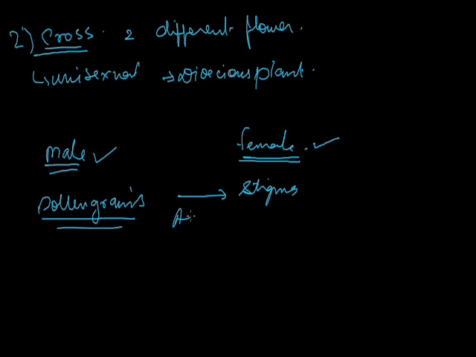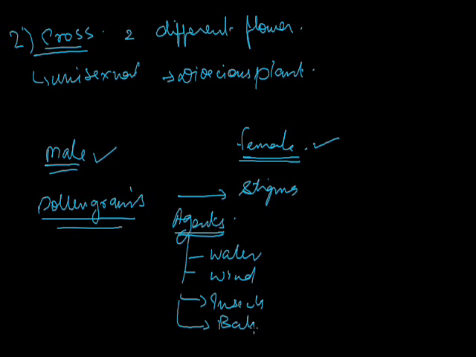They need some agents, which carry these pollen grains from this flower to this flower. The agents are of different types: water, wind, insects, bats. These agents usually take the pollen grains along with them, go to the next flower, and transfer the pollen grains to that flower.